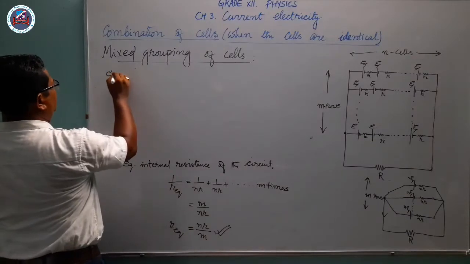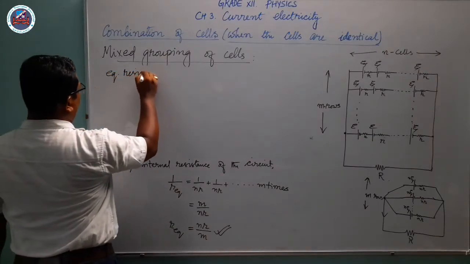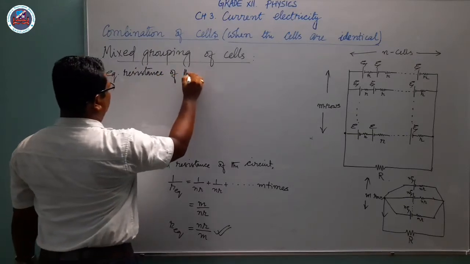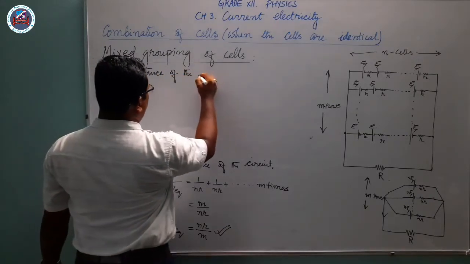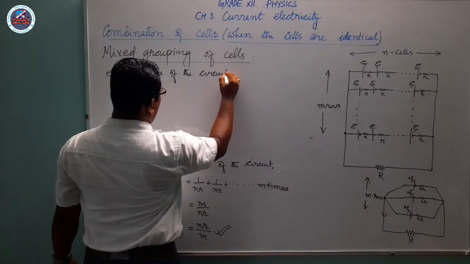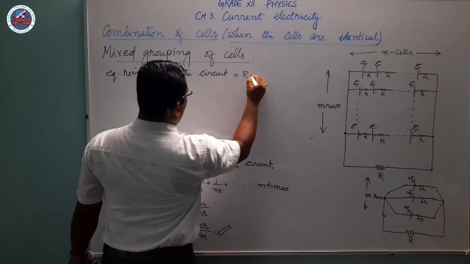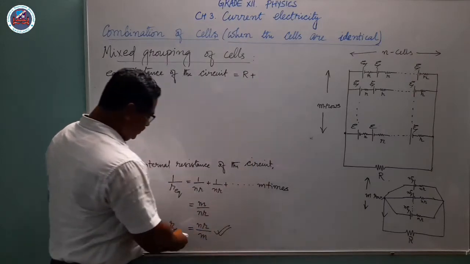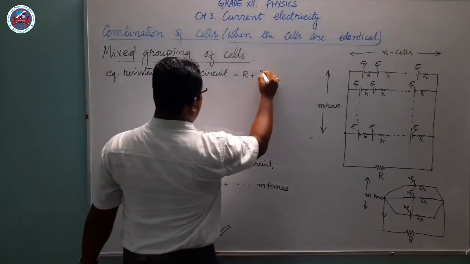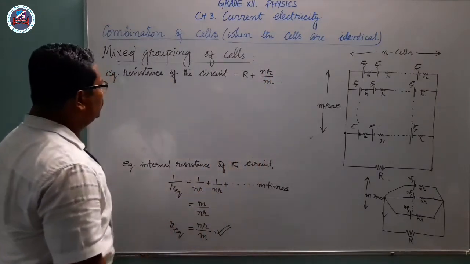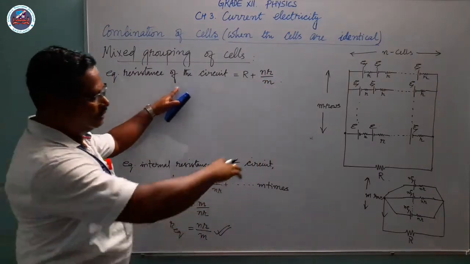So the equivalent resistance, not the internal alone, for the whole circuit, will be R, the external resistance, plus the equivalent internal resistance, that is nr divided by m. Now you got the equivalent resistance for the whole circuit.